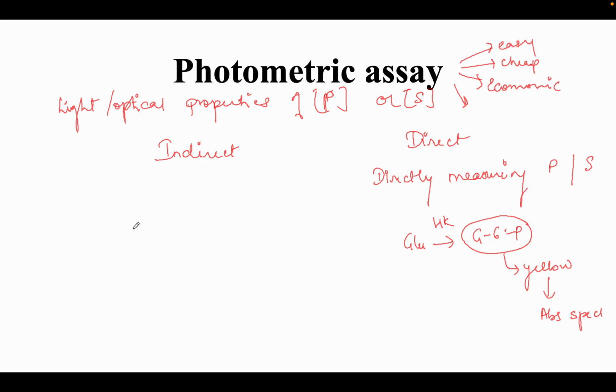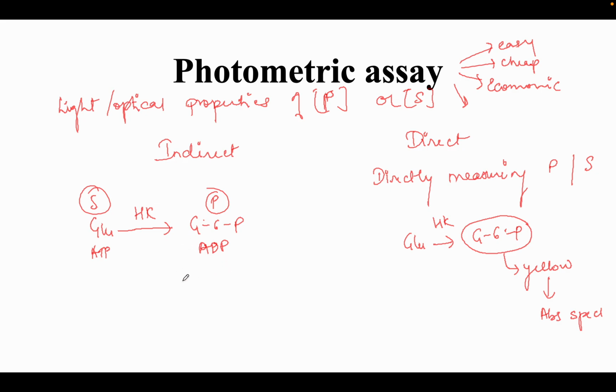And what is indirect measurement? In the same glucose to glucose 6 phosphate assay, we also have ATP involved, and we get ADP. In an indirect assay, we can measure this ATP. So we are not directly measuring the substrate or the product here, but we are measuring the side product or the end product.